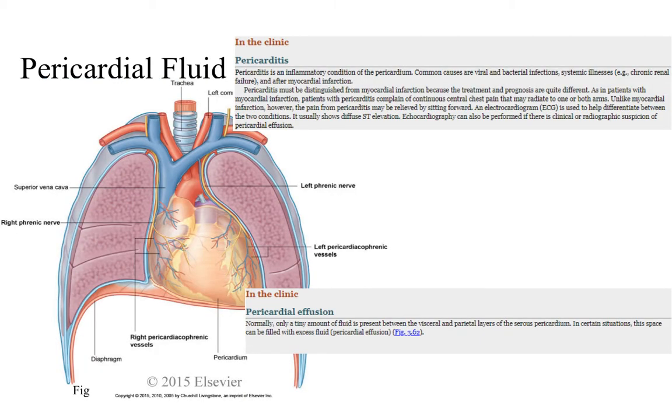All right, one of the big reasons why we want to understand the anatomy of the pericardial sac is that under certain conditions, inflammatory conditions, fluid can build up in that pericardial sac. And remember, this pericardial sac is made up of fibrous connective tissue, and fibrous connective tissue does not give. It's pretty rigid.